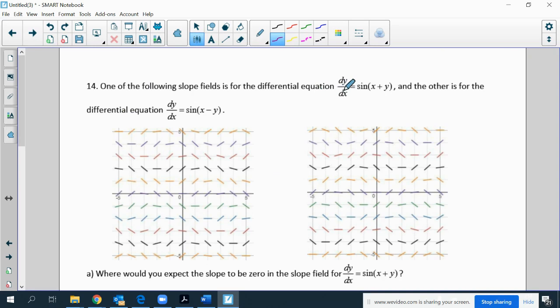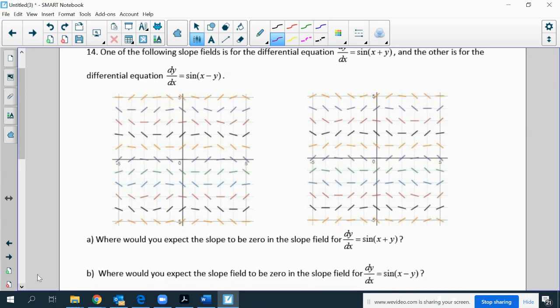One of the following slope fields is dy dx equals sine of x plus y, and the other is dy dx equals sine of x minus y. Where would you expect the slope to be 0 in the slope field for dy dx equals sine of x plus y? Well, if we know something about sine, sine of 0 is equal to 0.